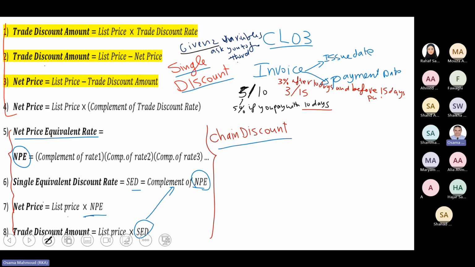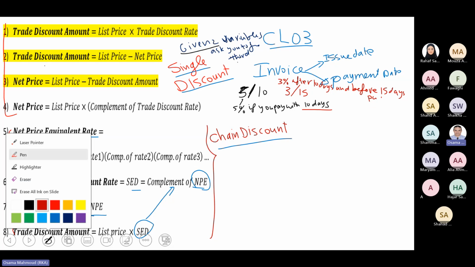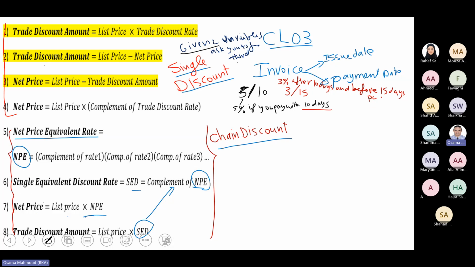You will get 3%. The other notation is written like this one: N over 30. It means 0% discount if you pay after the last chance, which is 15 days, till 30 days.